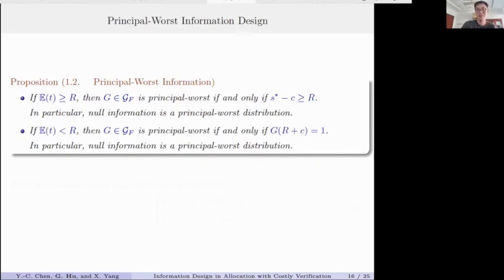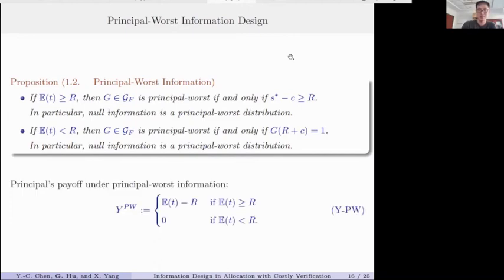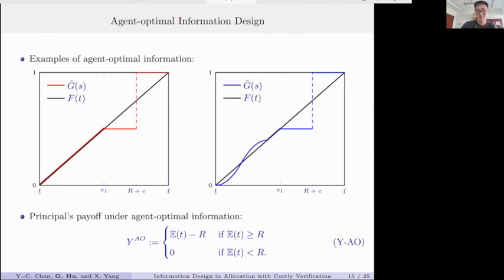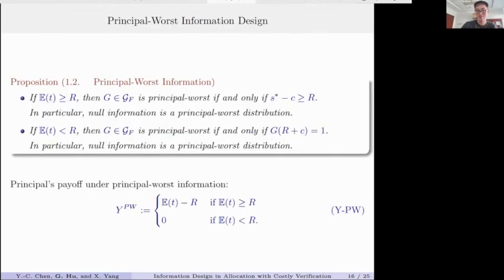And when the mean is small, then G is principal worst if and only if the support has an upper bound R plus C. Again, this is the same as the first case. Making the distribution least informative is principal worst. Given the result here, we can calculate the principal's payoff under the principal worst information, which is the same as in the agent optimal case.